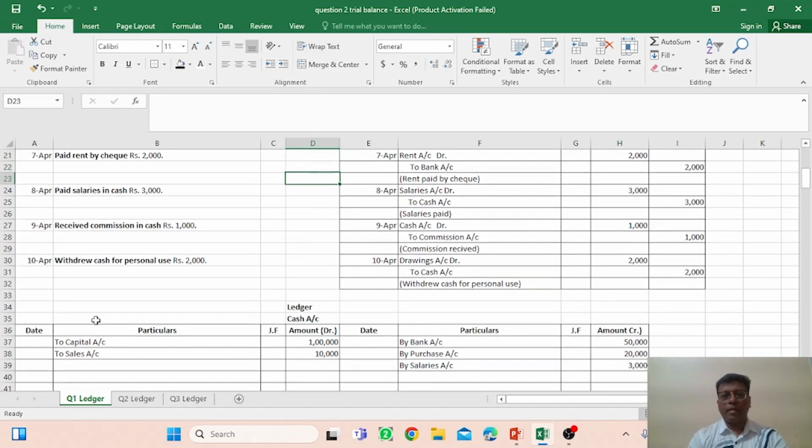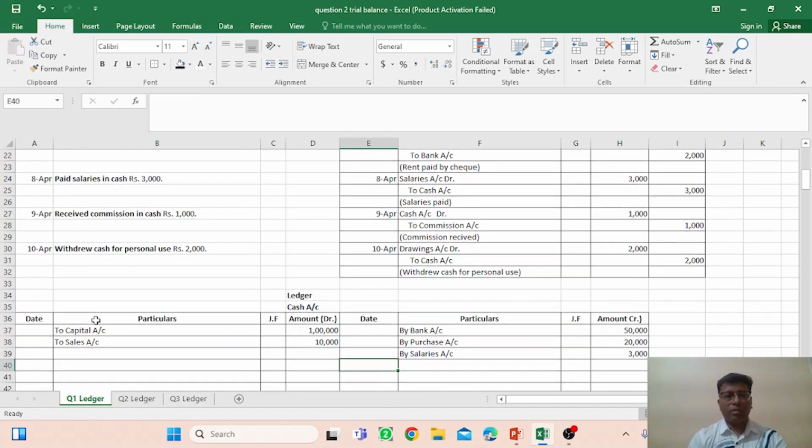And on April 9, you see that there is a transaction: cash account debit to commission 1,000.